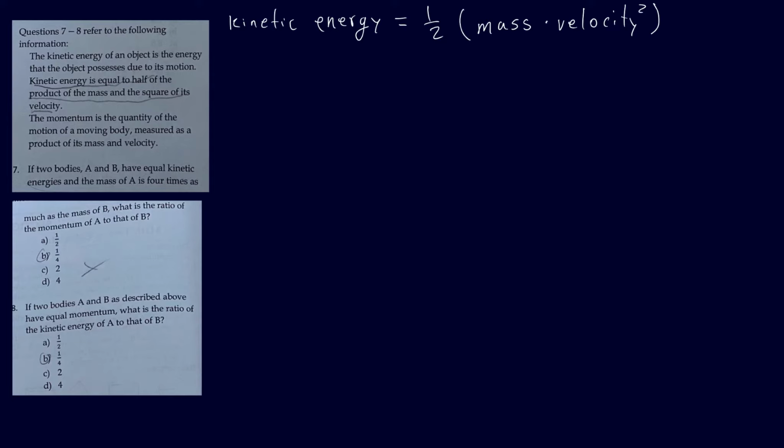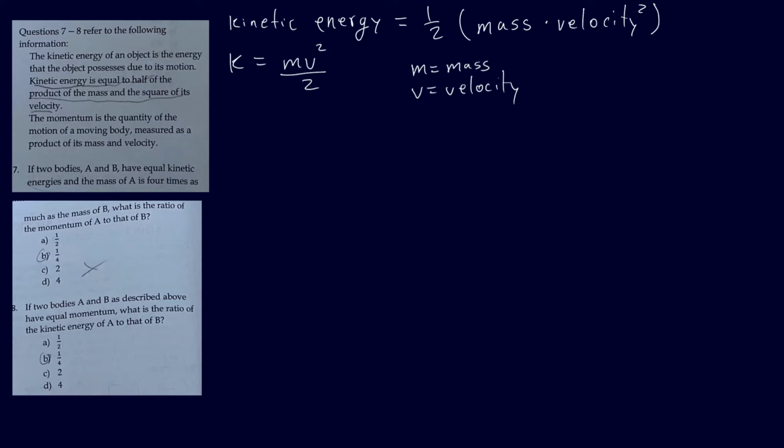And I could simplify this into the following. K equals mv squared over 2. M stands for mass, v stands for velocity. This little key isn't really required, but it can be helpful as you do more work.